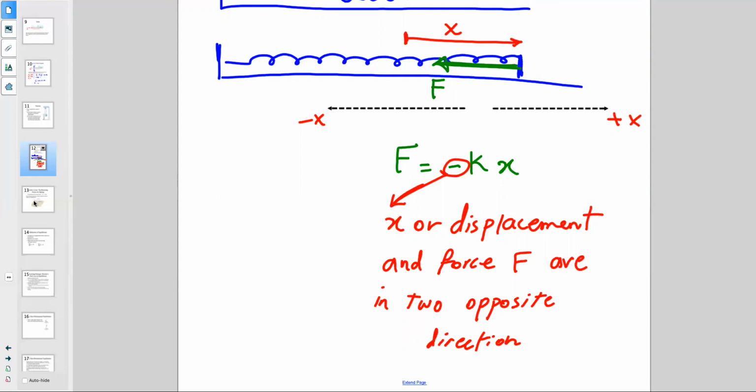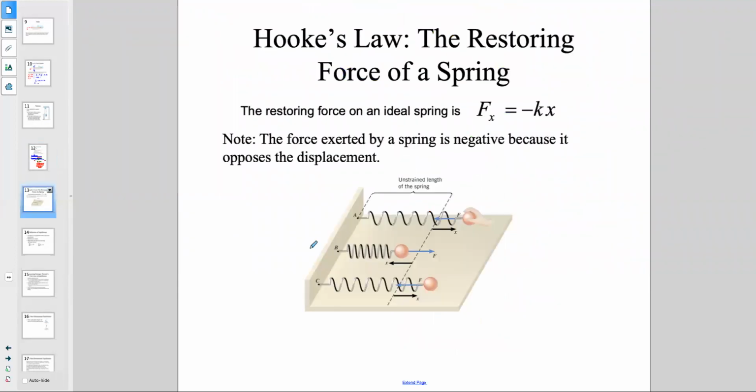All right, let's take a look at this one. This is a little bit more clear because it is a picture from the book. So Hooke's law, this restoring force of the spring, as we just talked about, F of x is negative kx, and k is the constant of the spring. The force exerted by the spring is negative because it is opposite to the displacement. So you have a ball connected to a spring here.